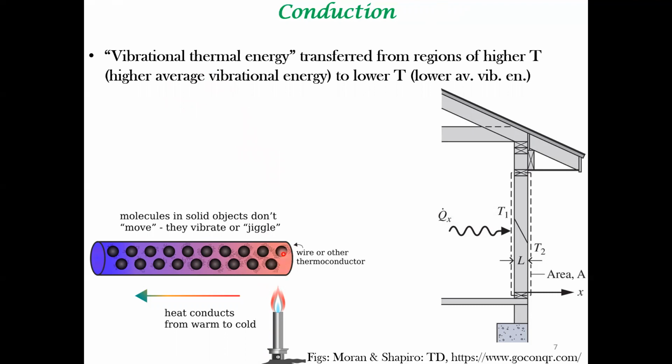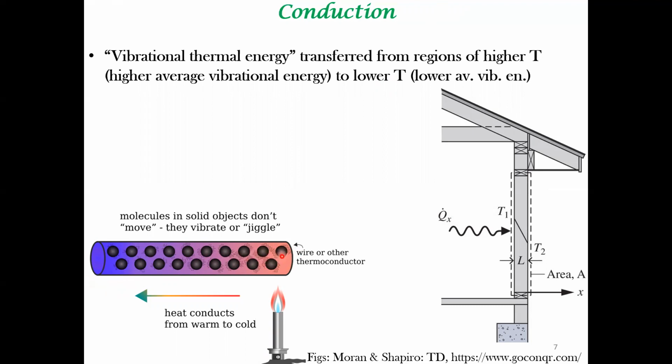In a solid, the atoms are fixed to a particular equilibrium position. The average position is fixed, but they can vibrate around the mean position. Whenever you say this is at a higher temperature, the amplitude of vibration is greater. And when this is at a colder temperature, the amplitude of vibration is lesser. So when you say there is heat transfer by conduction, what is occurring?